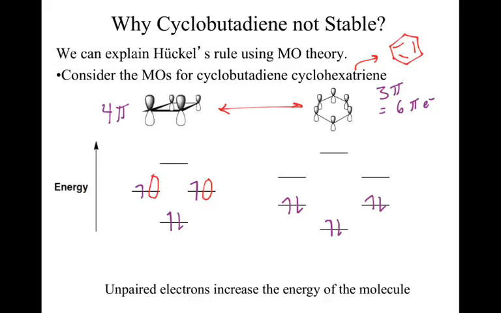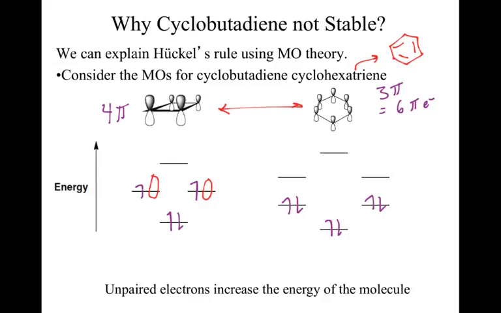The interesting feature here is that now all of my orbitals that have electrons are full. There is no empty space to place electrons, at least at low energy. I would have to go to a higher energy state, in which case they would be unpaired, making them an even higher energy state. So what does that mean? That means that benzene is incredibly stable, and cyclobutadiene is not.